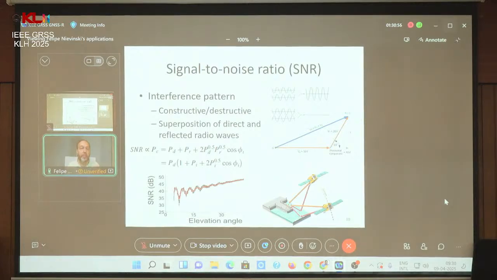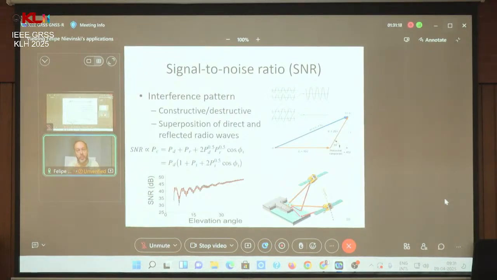Guided by the wavelength, you get a number of cycles of the reflected wave relative to the direct wave.